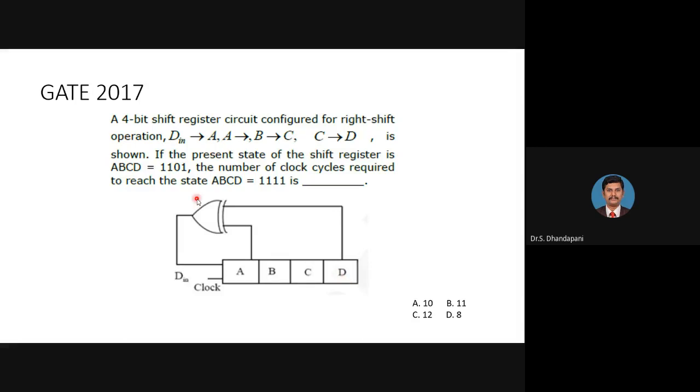The clue given is the present state value, 1101. Based on the present state and the given diagram, we have to calculate the next state continuously until we get the state 1111. Then we count the number of clock cycles from the initial state up to 1111. That is the answer.